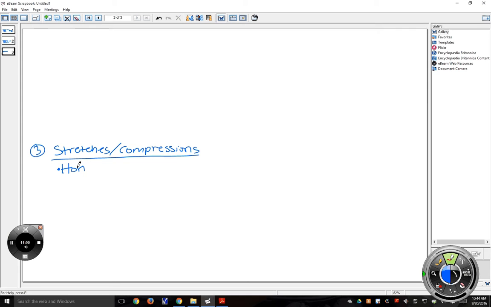So again, there's a way that these show up horizontally, and there's a way that they show up vertically. And again, the horizontal changes tend to happen to x before we've applied the function. So it's something that's in there with x before we're doing the absolute value, or before we're doing the square rooting, or squaring, or greatest integer. Okay? So with horizontal cases, this number is inside the function multiplying x.